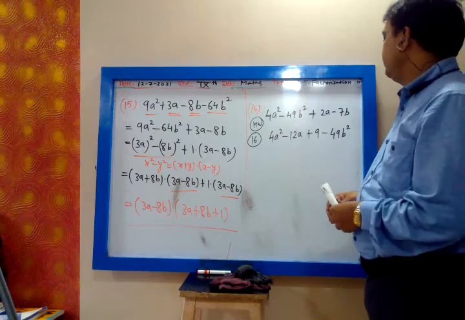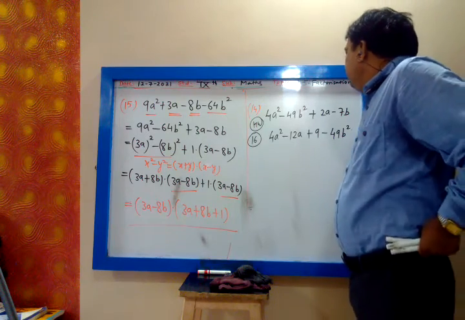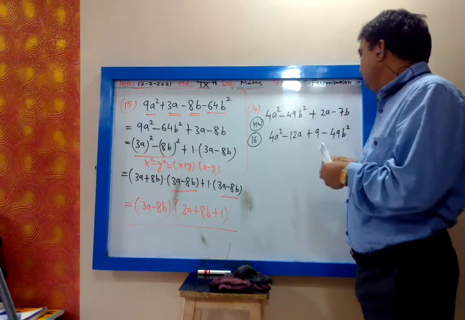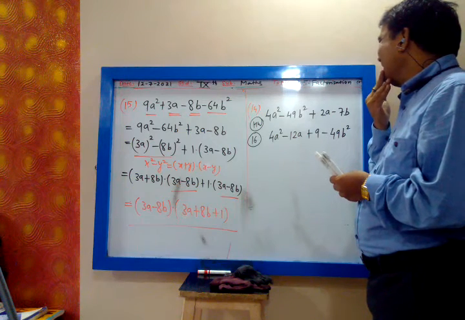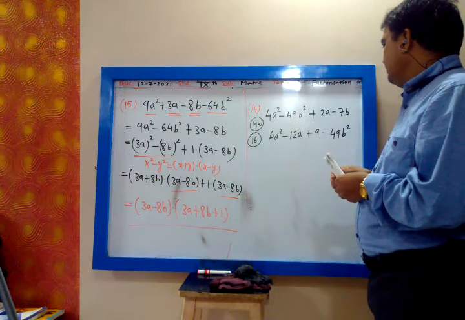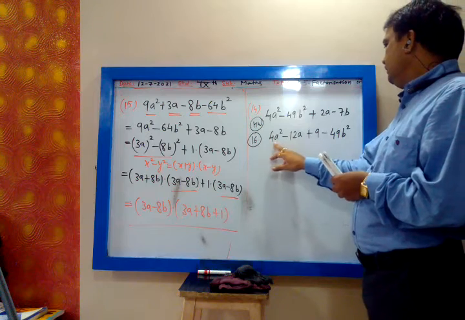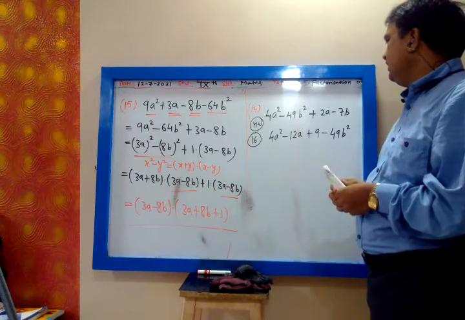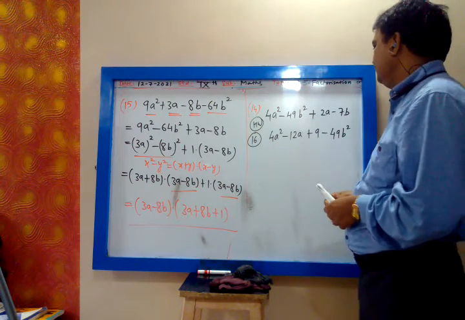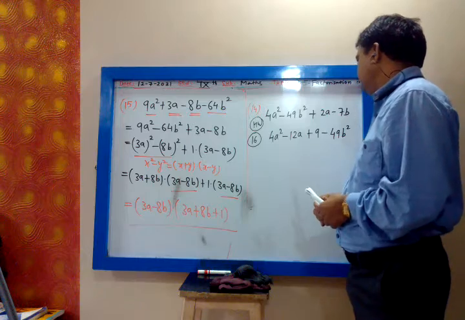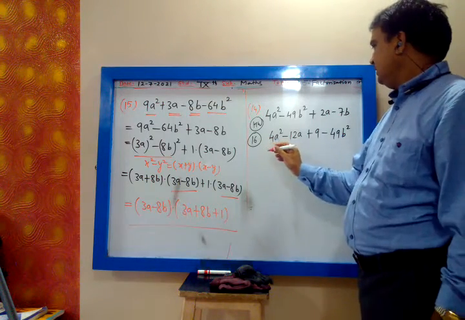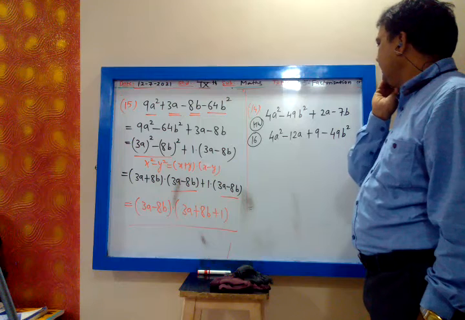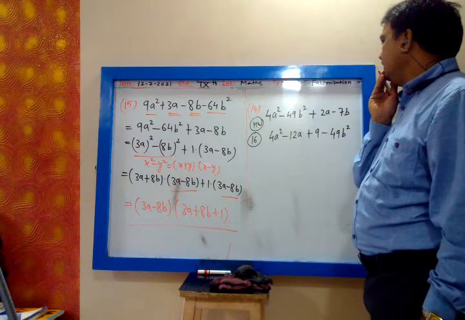Let us solve this. 4a square minus 49b square you will take together. So it will be 4a.